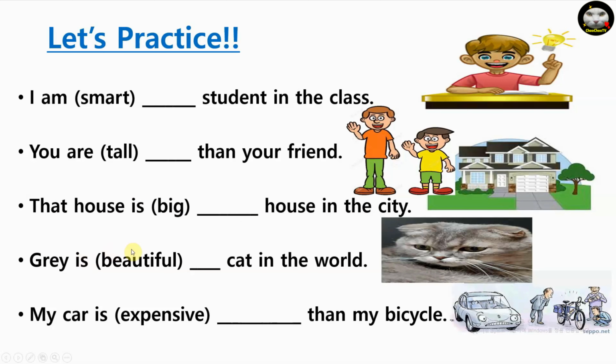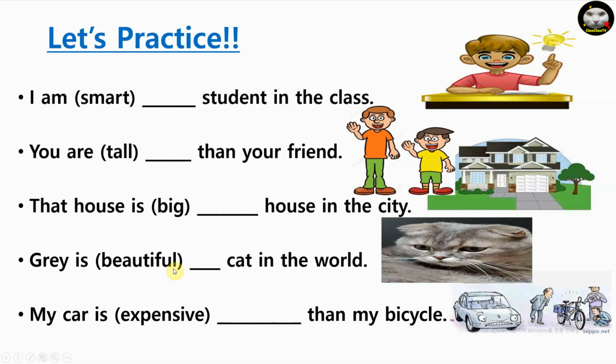Gray is beautiful cat in the world. Gray is one cat, but there are many cats in the world. So we're making a superlative sentence. We're saying Gray is the number 1 beautiful cat. So we're going to add article the because it makes Gray a unique cat. And then we look at how many syllables the adjective has.